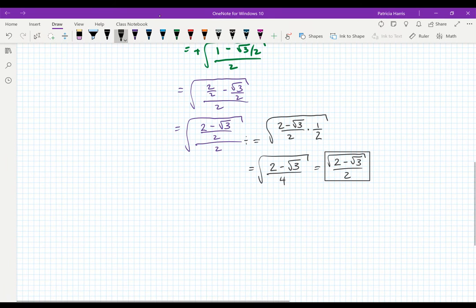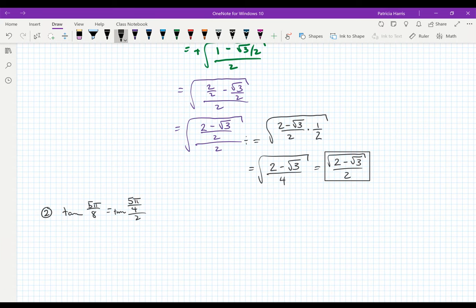Okay, let's try something a little bit tougher. Number 2. Let's go tangent 5 pi over 8. Okay, so let's see here. How could I write that as over 2? Well, what I could do is I'd say 5 pi over 4 divided by 2, right?